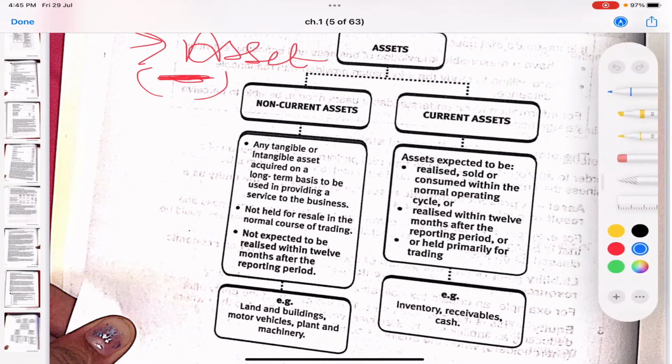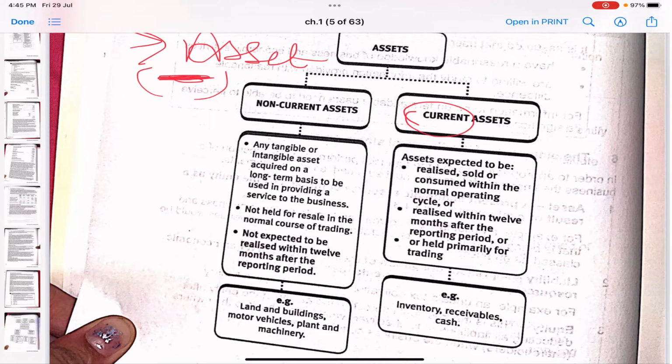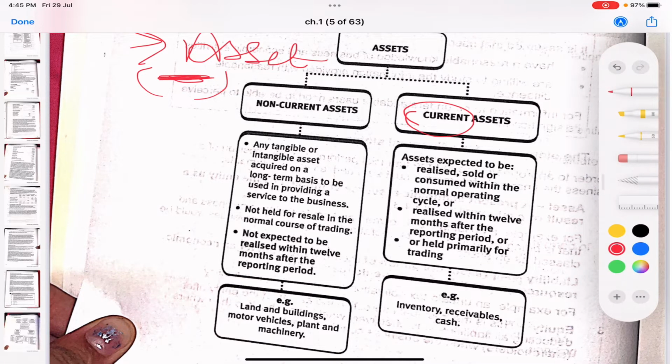First, let's understand what the meaning of current is. Current means anything which belongs to 1 year or lesser than 1 year. Non-current assets are something which is more than 1 year. We're talking about the time period, right?